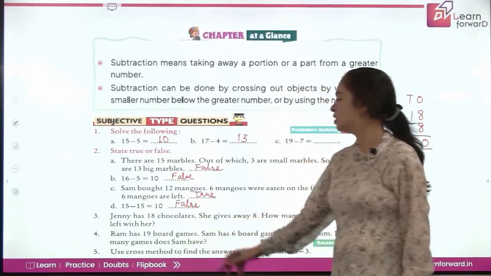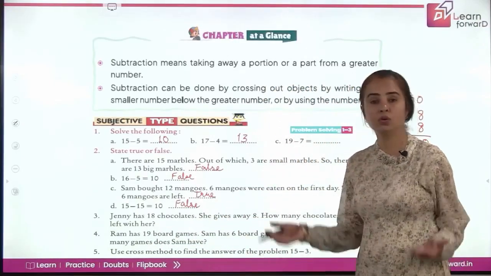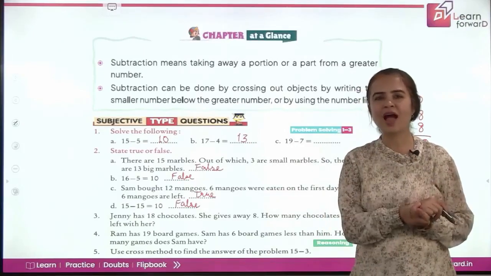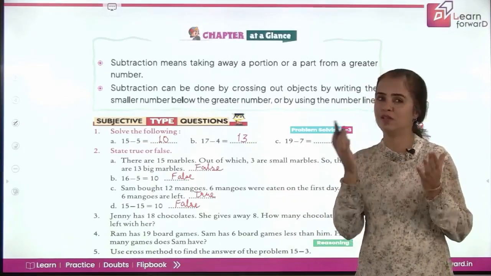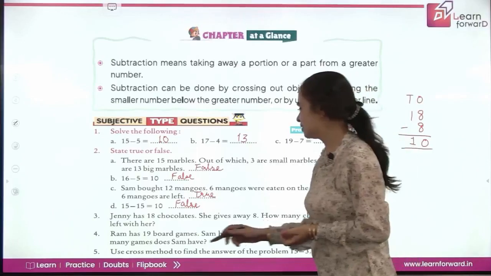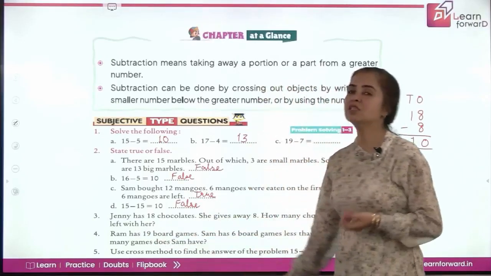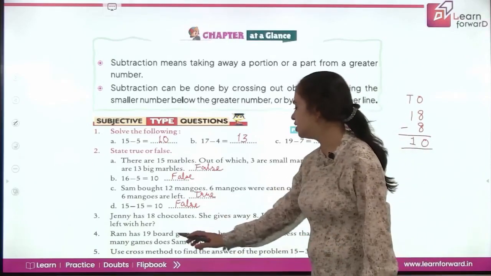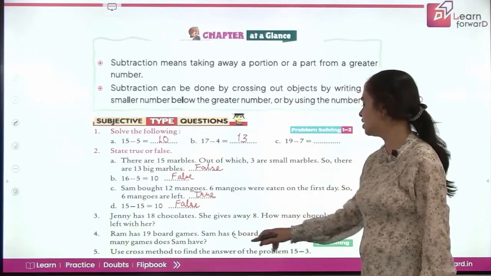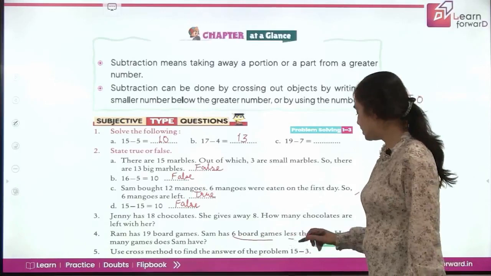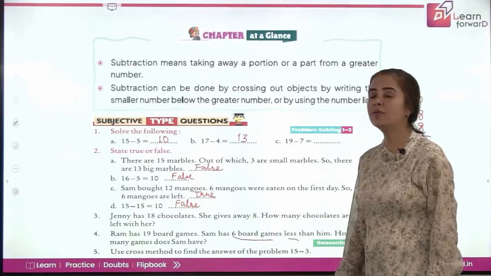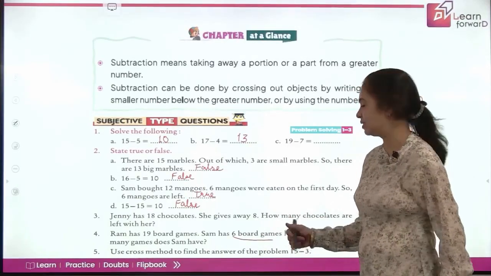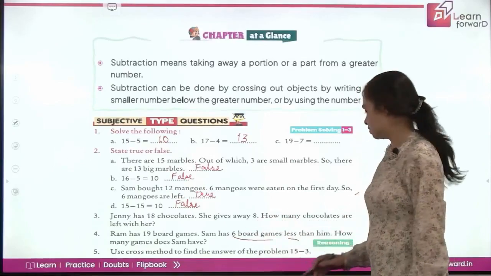Ram has 19 board games, a good number. How many do you have? Oh, you are saying your own numbers. Good. So that means you have some indoor board games also. That's wonderful. 19 board games. Sam has 6 board games less than him. So the number of board games with Sam is lesser and it is 6 less.